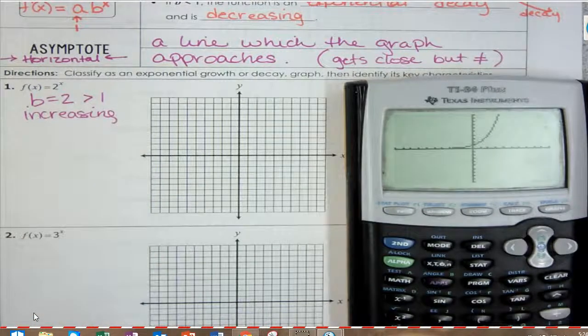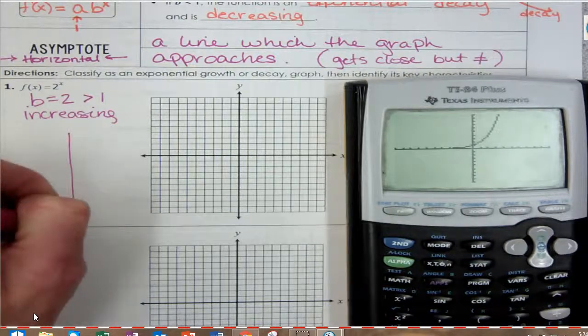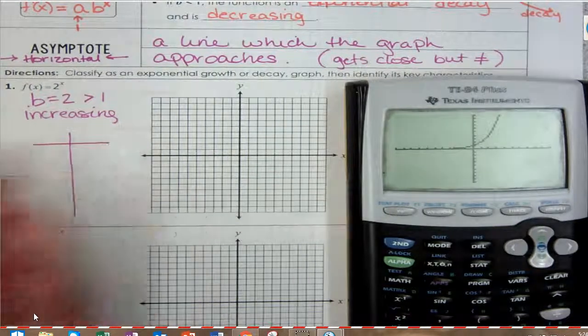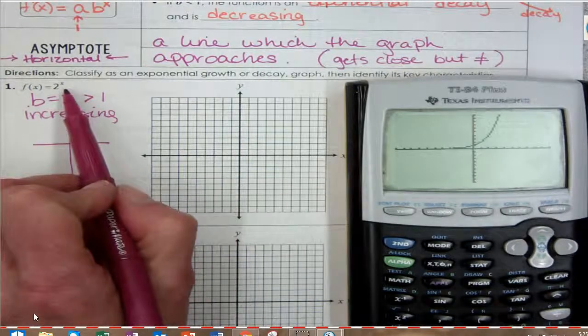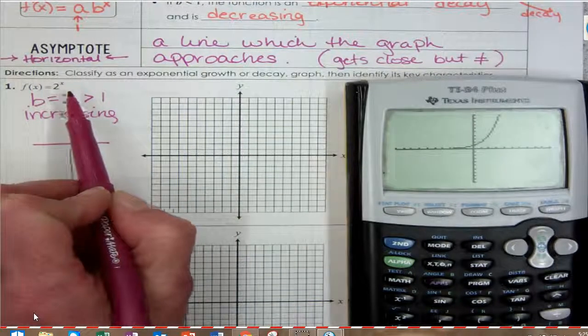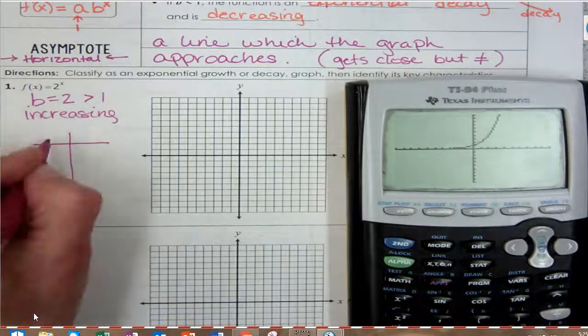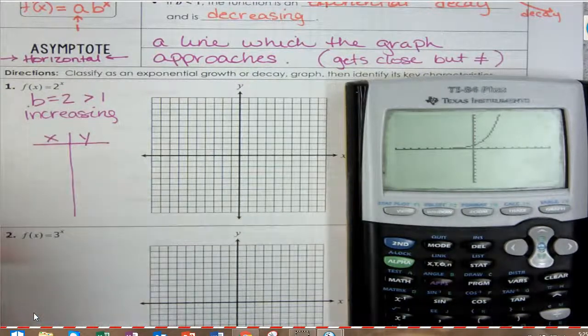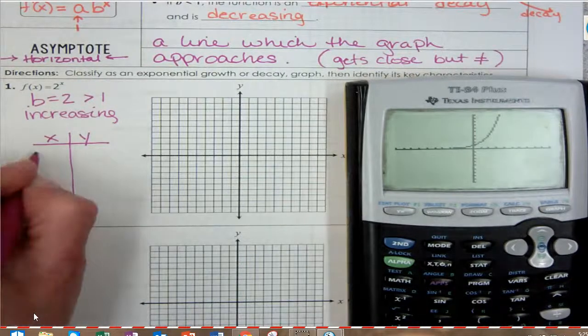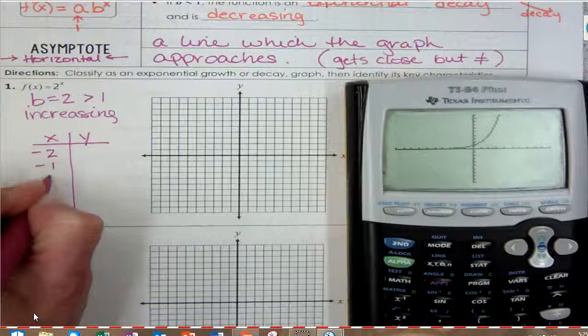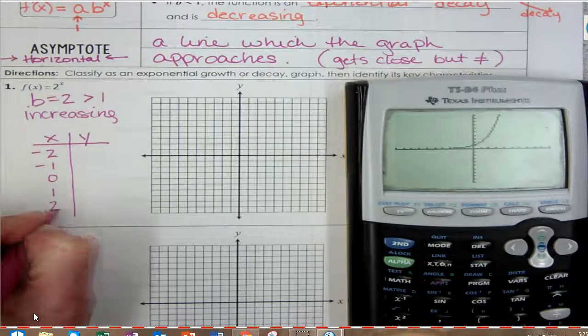Then, to graph this, for the purposes of this, we have no horizontal movement, and we're going to talk about that next. If there's no horizontal movement, left or right, then we can always use -2, -1, 0, 1, and 2.